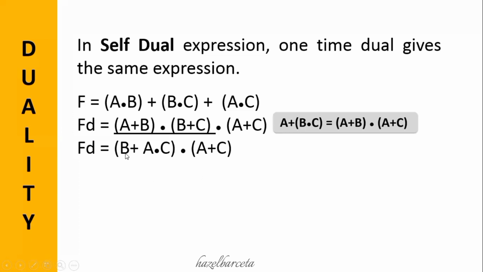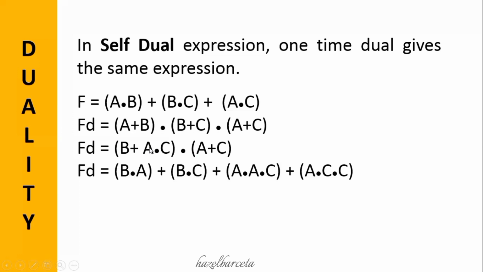Then what's next? Distributive property. B times A, B times B times C. Then AC, AAC, ACC. Remember, we have A times A. Okay, so let this be A. Here.